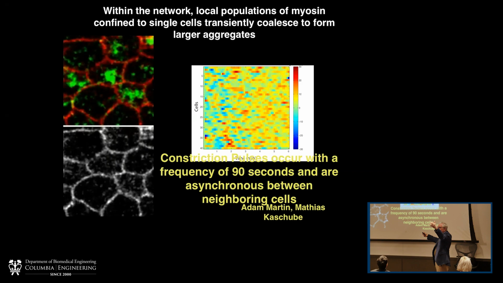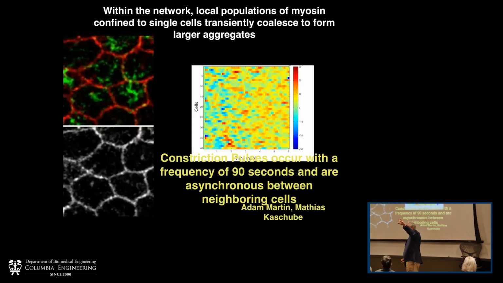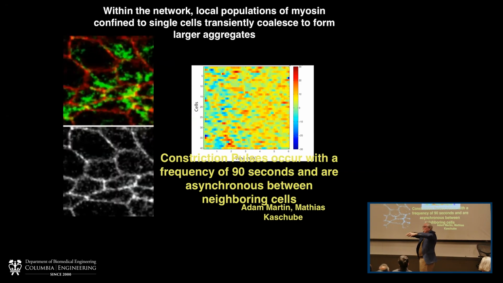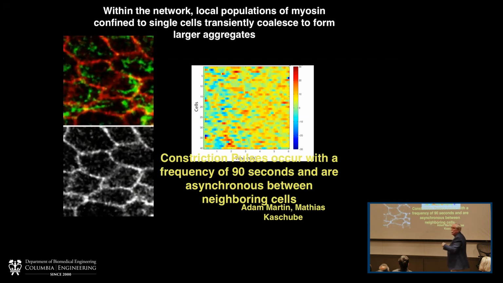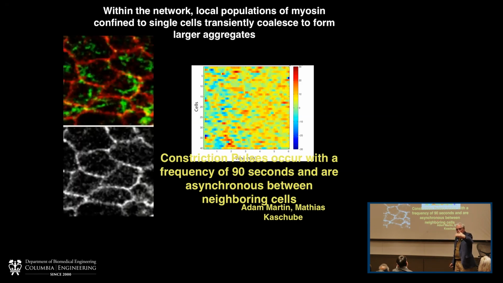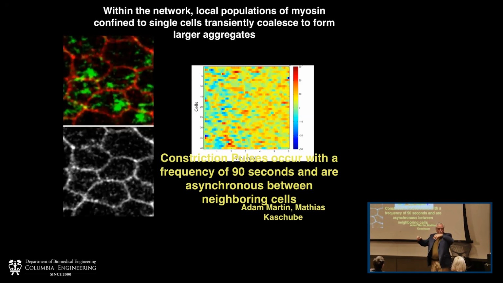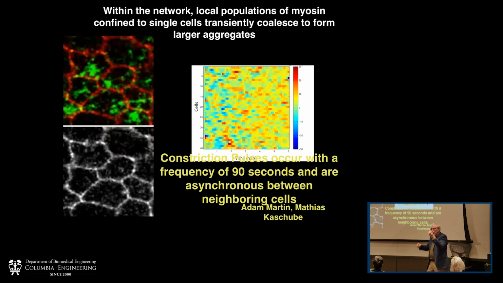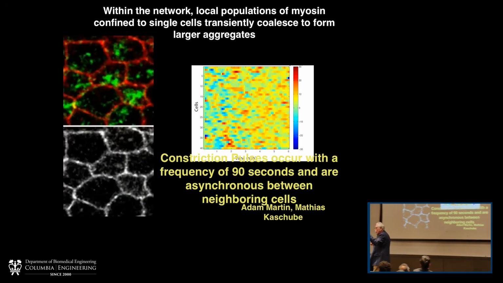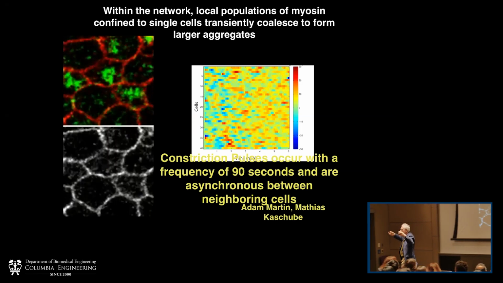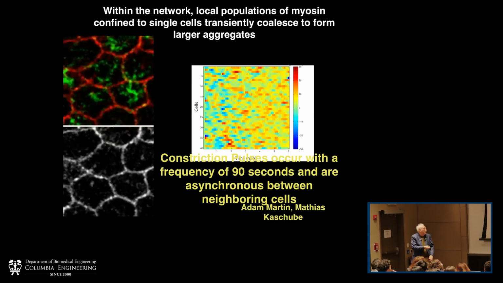You can see it forming and going away, and individual cells are pulsing in their myosin distribution, but they're all part of this network, with that pulse accumulation of myosin in a given region having about a 90-second periodicity. The myosin's pulsing in cells, and that pulse is different from one cell to the next to the next. So all these cells are undergoing this kind of pulsing stochastic variation, and they're contracting, and overall, over a period of about 6 minutes, the whole surface of the mesoderm contracts down.